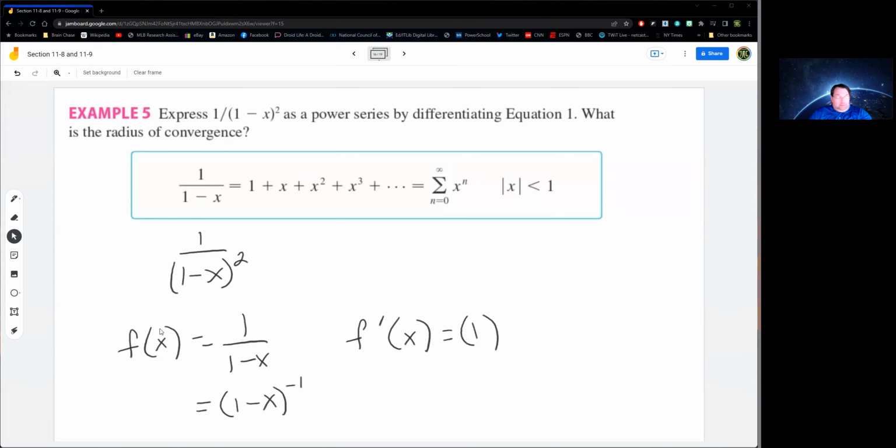And then I'm going to do the derivative of that. So I would take the -1 down, and it would be 1 minus x to the -2nd power.